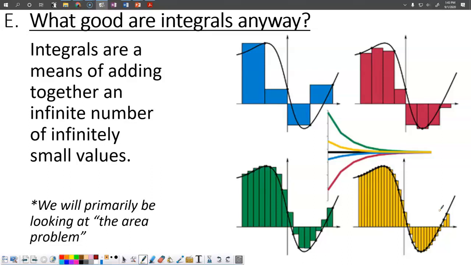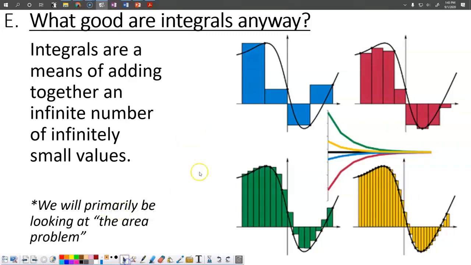That's a weird thing to wrap your brain around, but guess what? That's exactly what an integral does. An integral is where you are adding together an infinite number of infinitely small values, and it gives you a total answer. Okay? So it takes away the approximation and makes it an exact answer. So that's what integrals do.